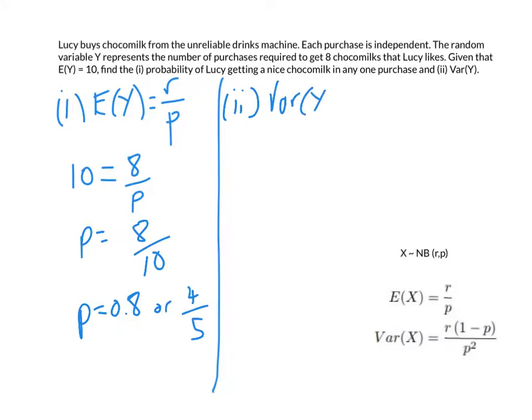Well, let's have a look at using that to find the variance. So the variance of Y, we just use our formula, this one down here. So the variance is r, which is 8. That's how many good choco milks we need. Times (1 minus p). Well, 4/5 is the probability, so we want 1/5.